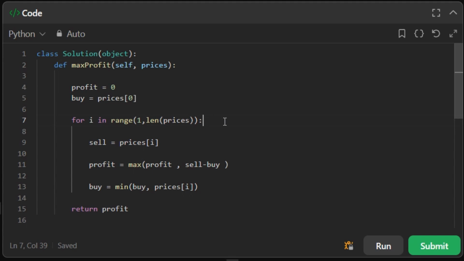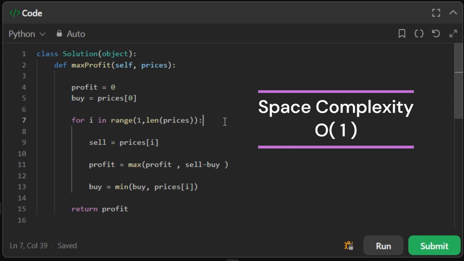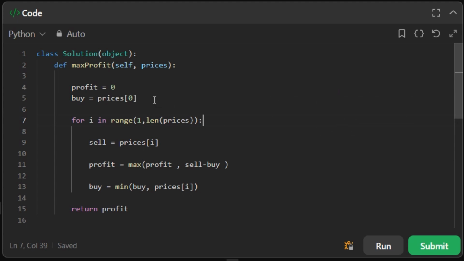And the most interesting part, that is the space complexity, is big O of 1 or constant. The reason being we are just using two initialized variables, that is the profit and the minimum buying price, to keep track of the entire operations being performed during the entire traversal of the array, and hence there is a big optimization in the entire runtime.